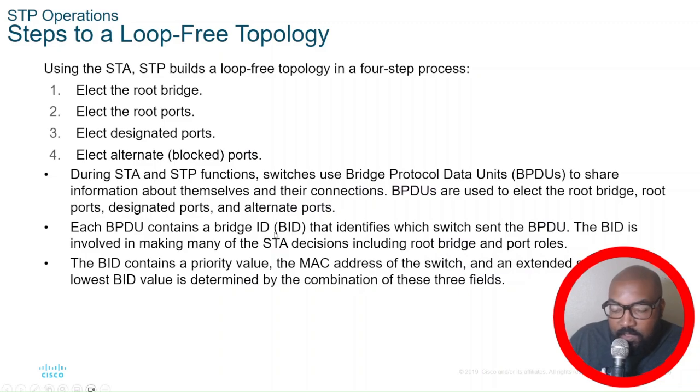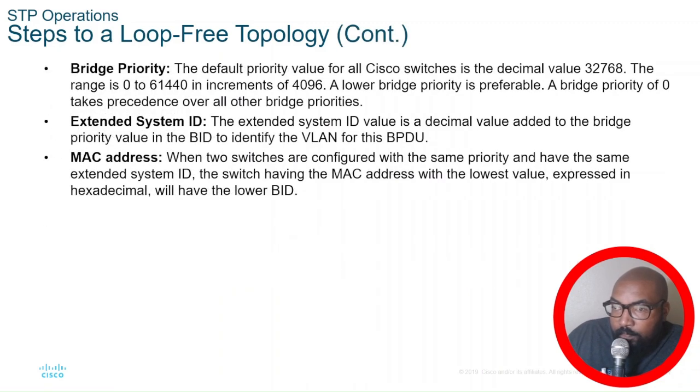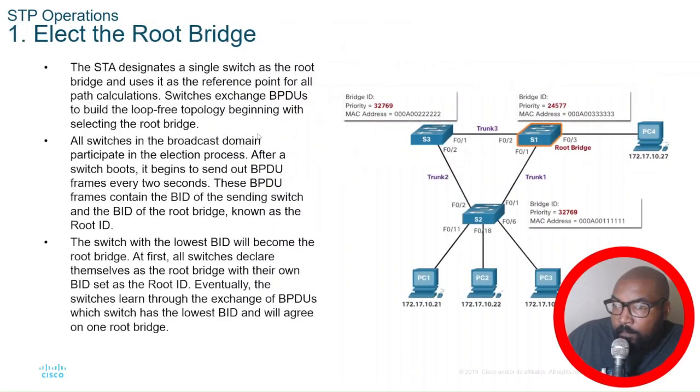So let's take a look at this picture here. STA designates a single switch as a root bridge and uses it as a reference point for path calculations. We have three switches, kind of like in the picture I showed you, three areas of the Bay Area.